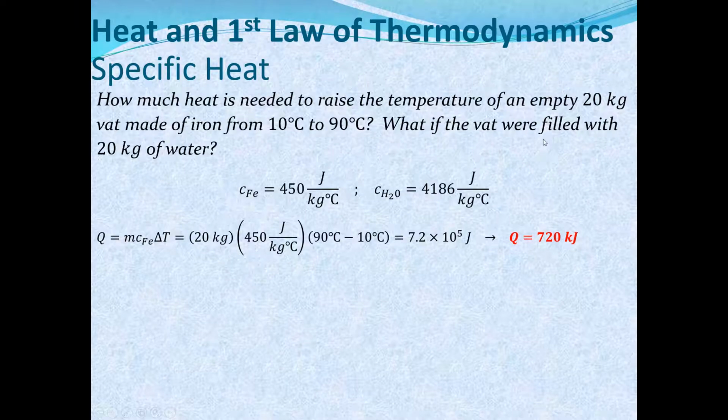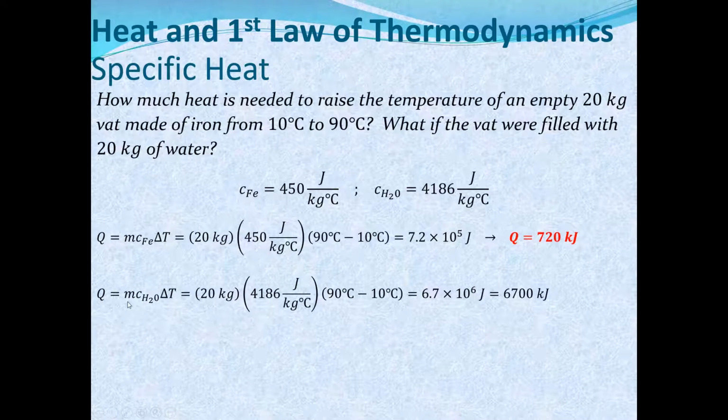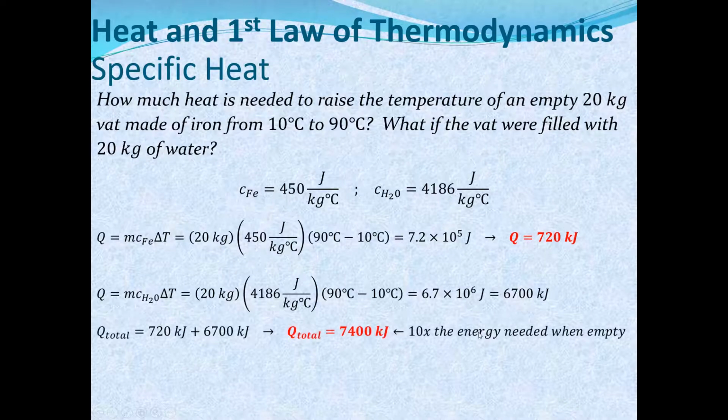But now when we add in the vat, we have to do the same equation again for the water, and we'll notice that the heat needed has been raised to 6,000 kilojoules. However, this is not my answer because that's just the water in the vat. We still also have the vat that's increasing temperature as well. So when we add the 720 to that, we get 7,400 kilojoules. So basically, it becomes 10 times more energy needed than when it was empty.